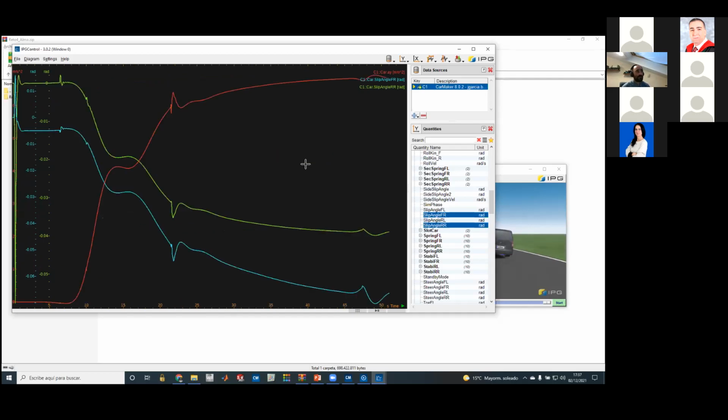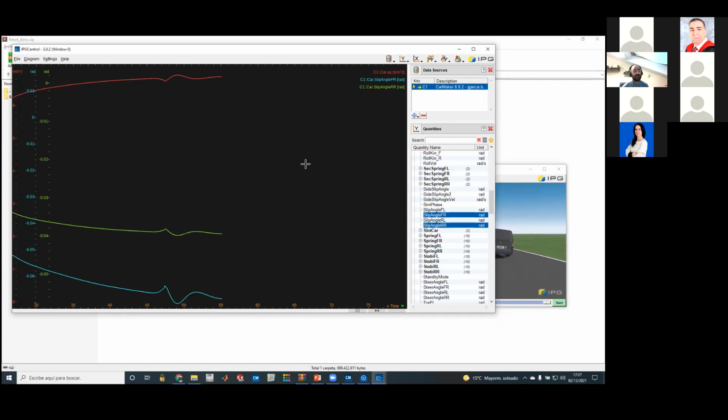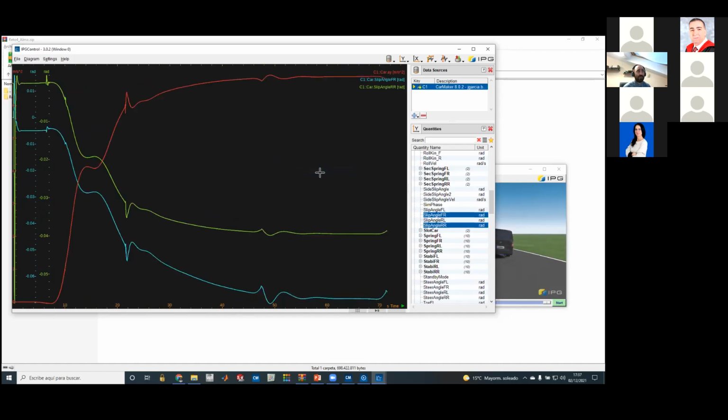So this will give us the expected behavior of the vehicle, so we can compare this healthy expected behavior with any real world measured behavior on the problematic vehicle.